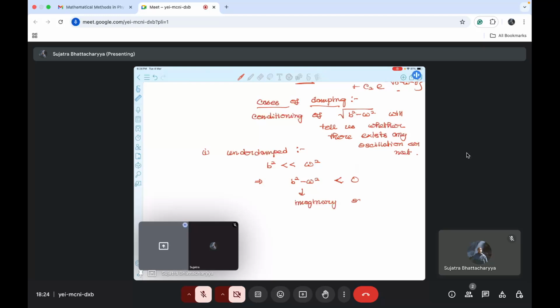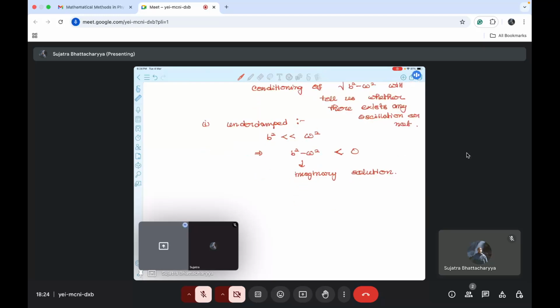If you are getting imaginary solutions, how will you write it? So x of t will be e to the power minus b t, and let's say beta is equal to root over b square minus omega square in this case.